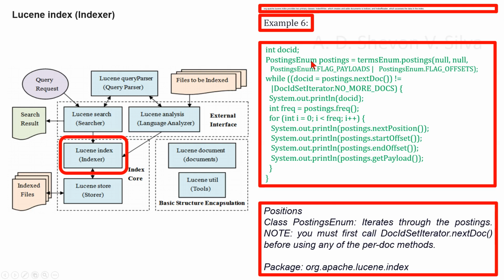Note you must first call DocIdSetIterator.nextDoc before using any of the per-doc methods. PostingsEnum also allows iteration of positions a term occurred within the document.